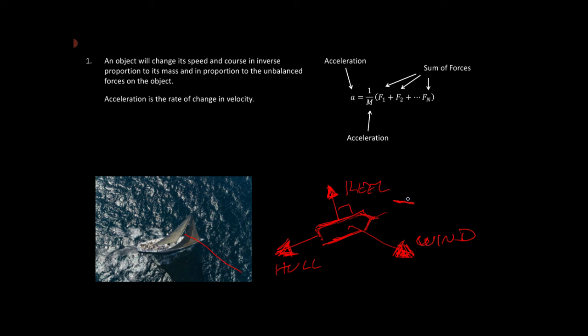So we have a little bit of net force, a little bit of total force, that's equal to the mass times the acceleration. This is the unbalanced part of the force, and it's going to accelerate the boat a little bit to the starboard, to its right.